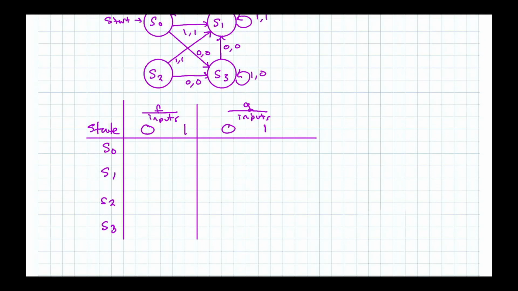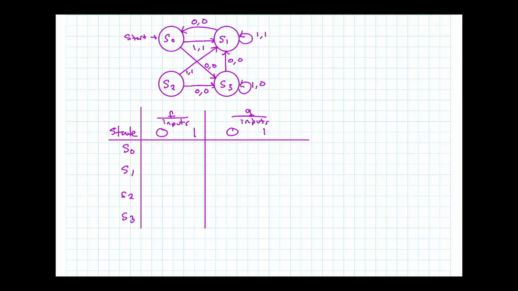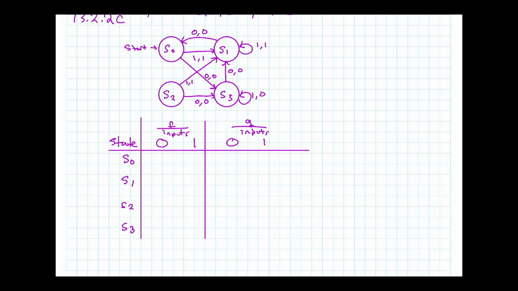So now what we want to do is fill out this table using the information here. Basically, we just have to figure out what goes in every box. It's not that hard, right? So like this box right here, what goes there? Also what goes here. So if you're trying to figure out this, that would be if you're in state 0 and the input is 1.